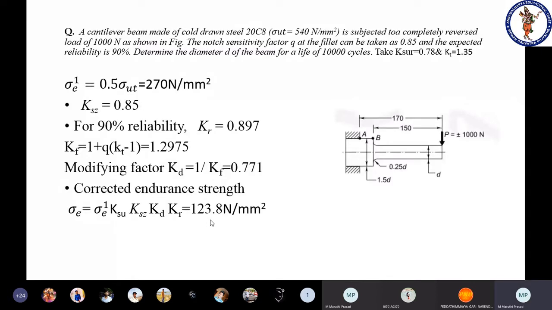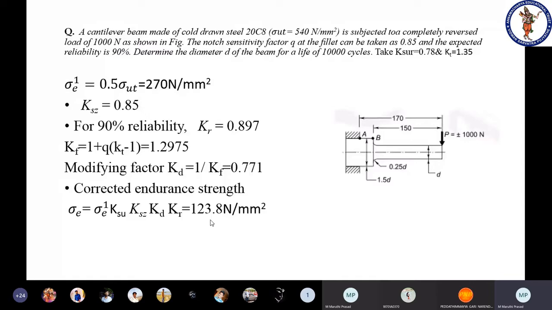Now we need to construct the SN diagram. So first you finish it and draw the SN diagram. Let us verify it. You calculate all these values, and for the SN diagram you need the coordinates of A and the coordinates of B. Then they have given 10,000 cycles.